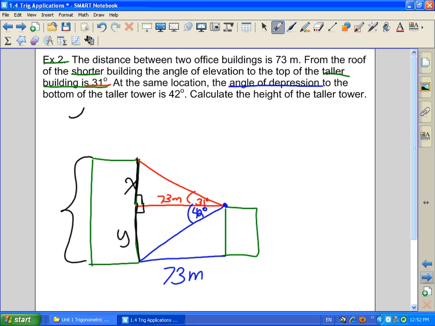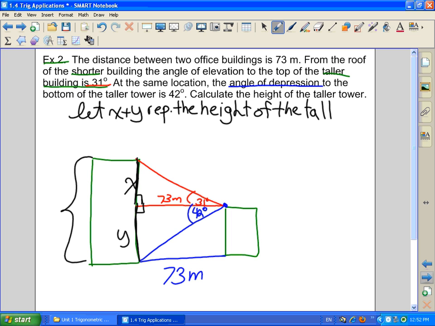So my let statement is going to be let x plus y represent the height of the taller building. Okay, so we're going to solve x and y first, and then we're going to combine them.